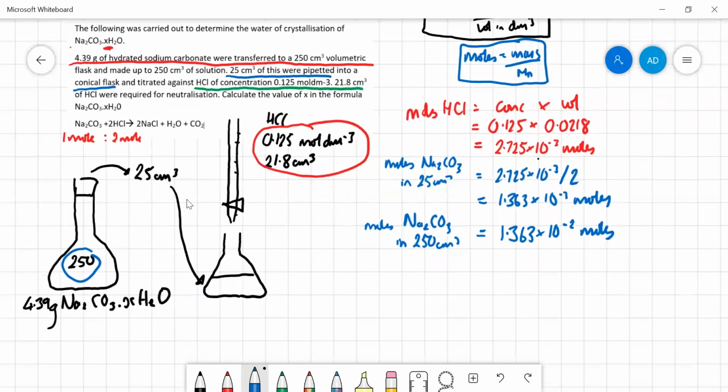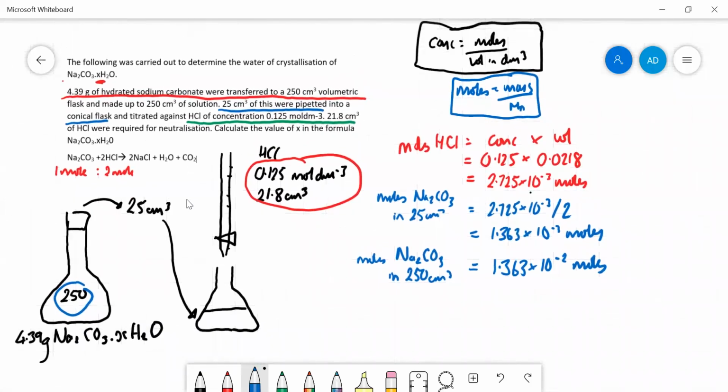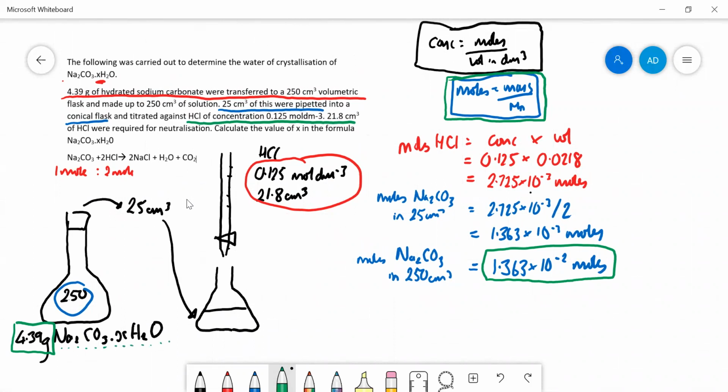Now, what we do know now is the moles of sodium carbonate in 250, and we also know the mass of that in 250. So if we use this equation here, we can work out what the Mr of the hydrated sodium carbonate is, and when we've done that, we can work out what the value of X should be.